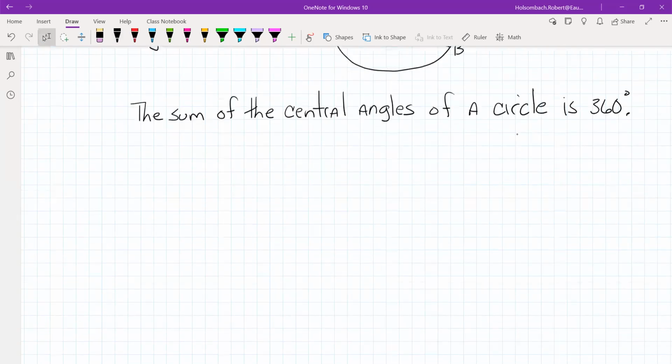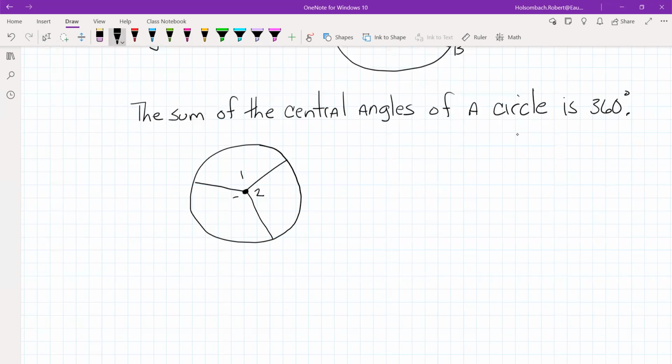So let's draw another circle here. In this picture now we have three central angles. They all have a vertex on the center. We got angle 1, angle 2, and angle 3. The measure of angle 1 plus the measure of angle 2 plus the measure of angle 3 is equal to 360 degrees.